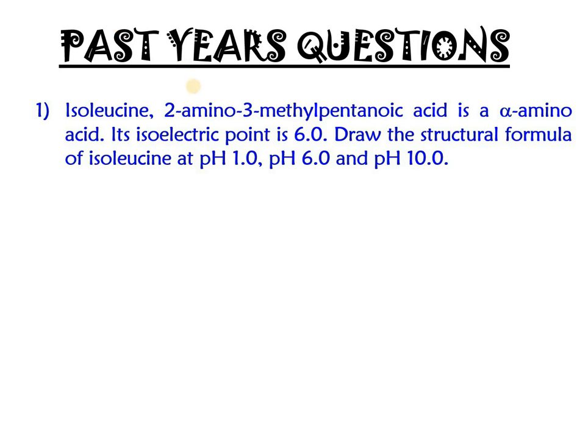So first, let's look at the data given. It is given that this isoleucine has the Pi, or isoelectric point, at 6.0. So this isoelectric point, which is 6.0, is also the pH of the isoleucine at 6.0.